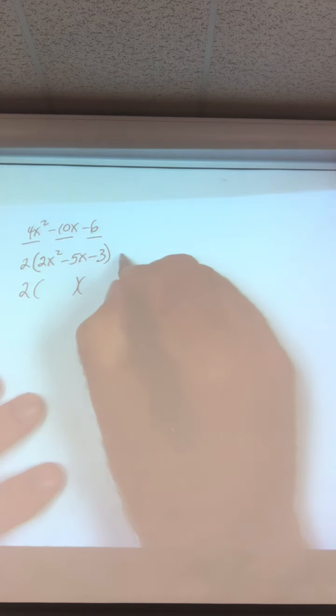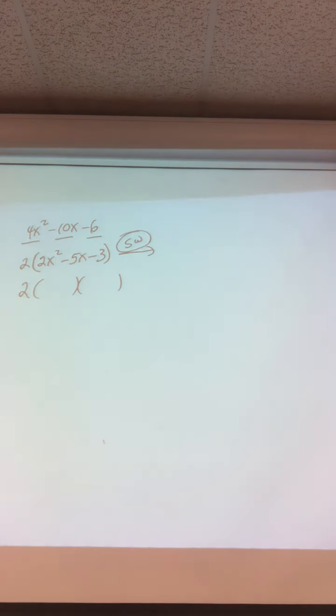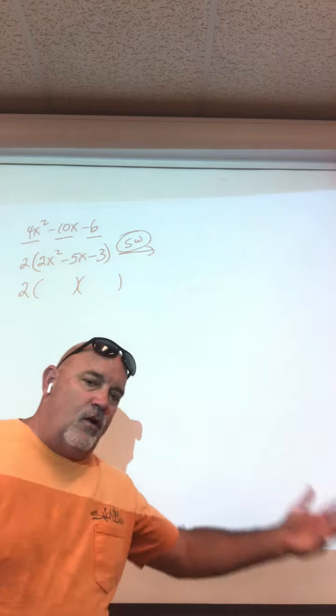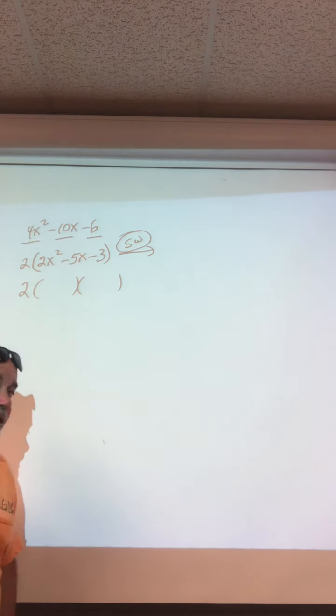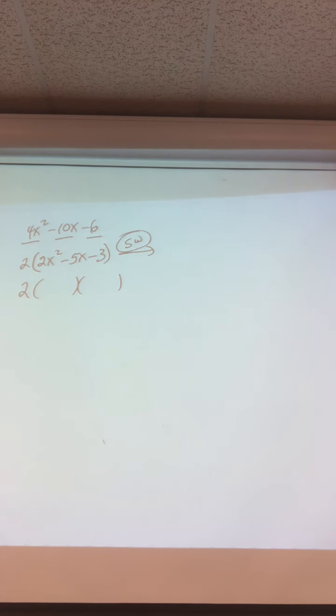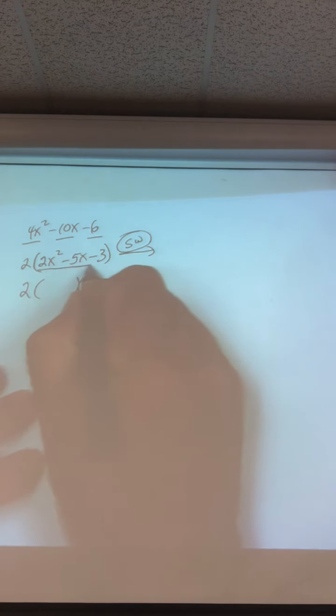All right, so let me go to the side. This over here to the side is what I call my scratch work. You don't have to do it over here, you can do it on a completely different sheet of paper. But in order to do the bree method, I can't do it in my head, so I've got to write it down. So how does the bree method work? Remember, we're only looking at what's in this parentheses.